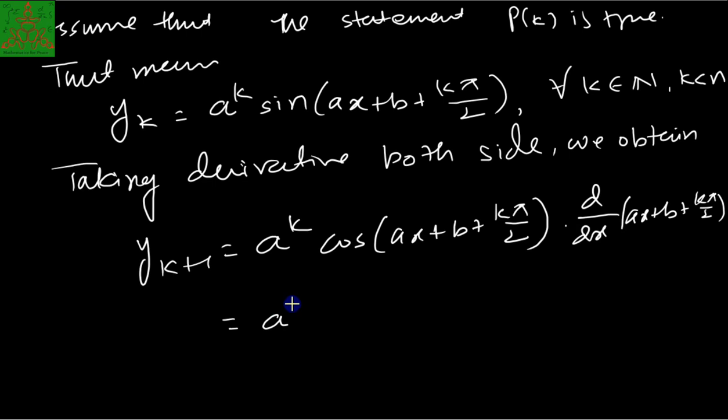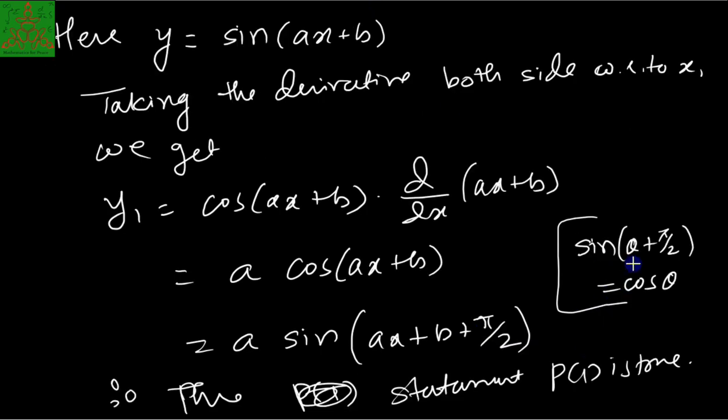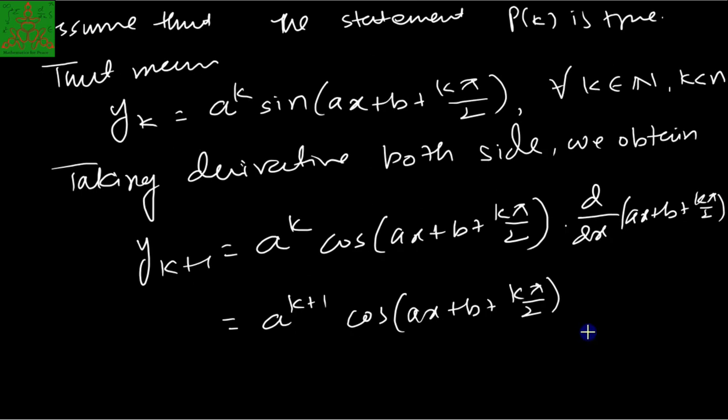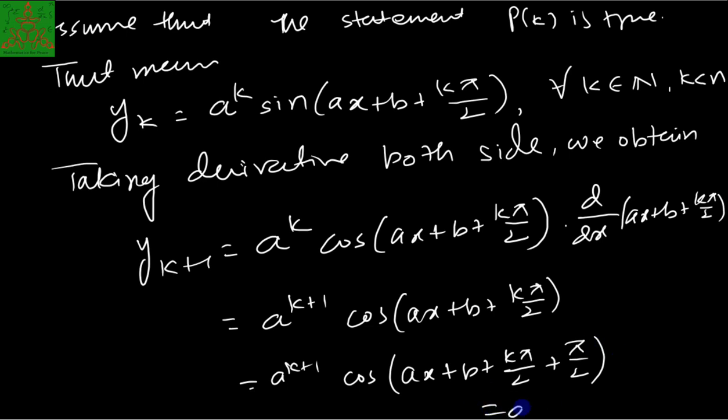So this gives you a^(k+1) cos(ax + b + k pi by 2). Again the rule which we have stated here, that is sine(theta + pi by 2) is cos theta, we can say that this is a^(k+1) sine(ax + b + k pi by 2 + pi by 2), which gives you a^(k+1) sine(ax + b + (k+1) pi by 2). And so we can say that the result is true for k plus 1.